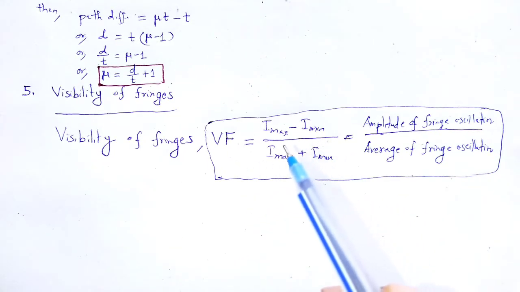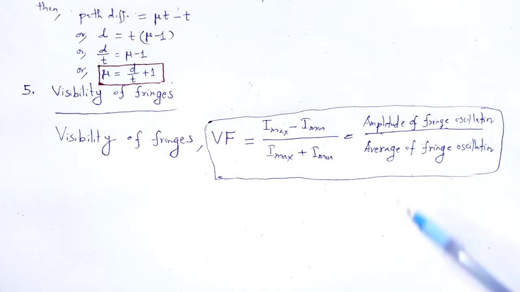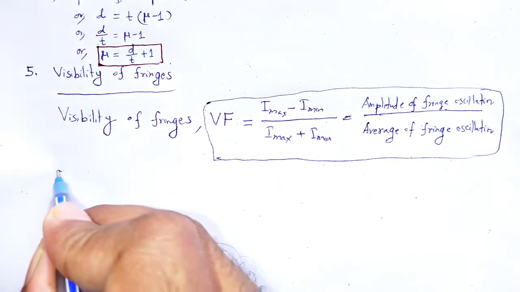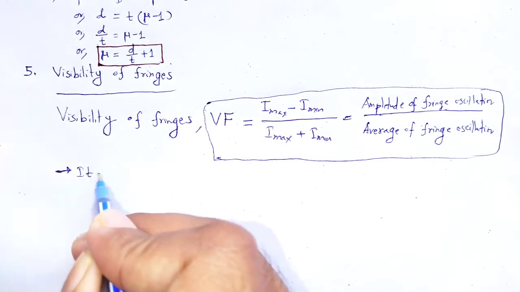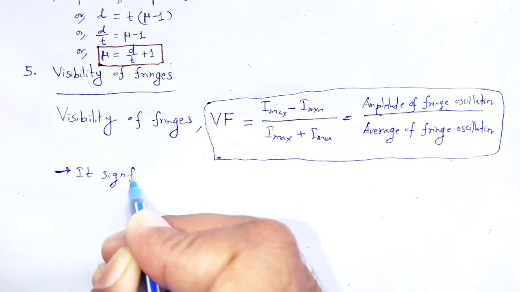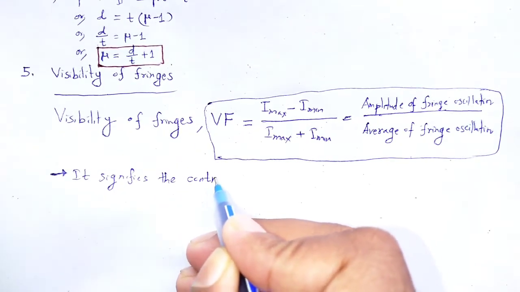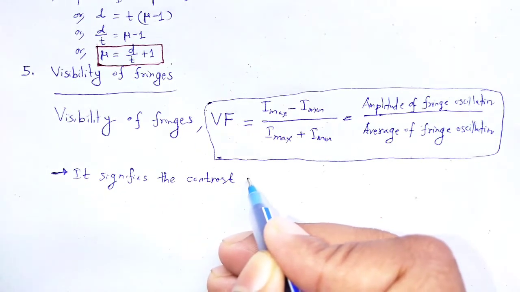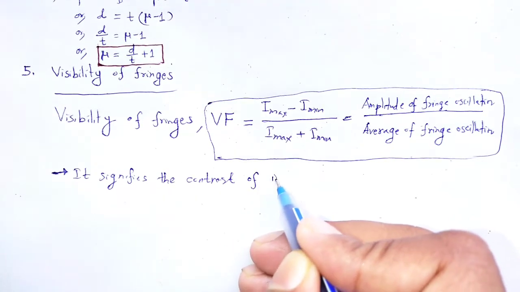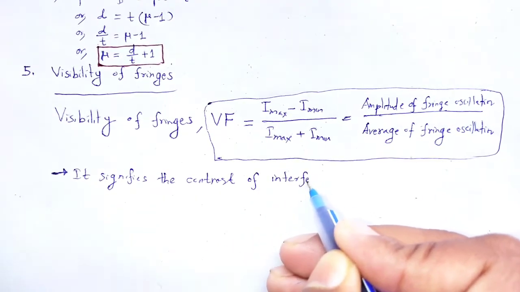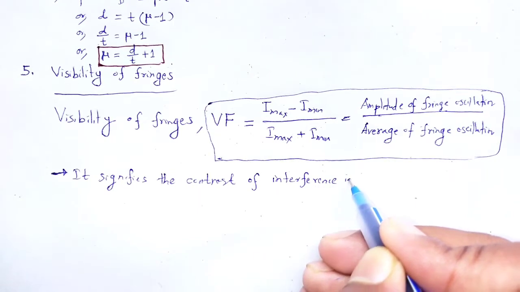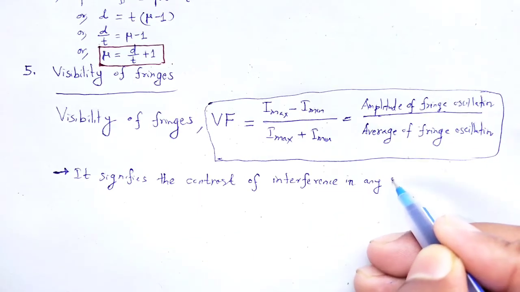That visibility of fringes signifies the contrast of interference in any system.